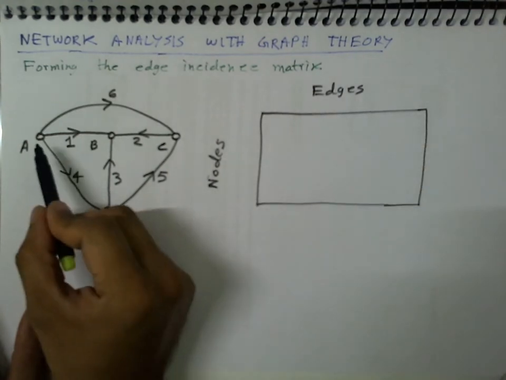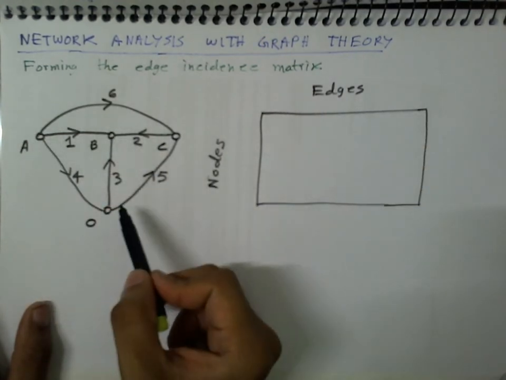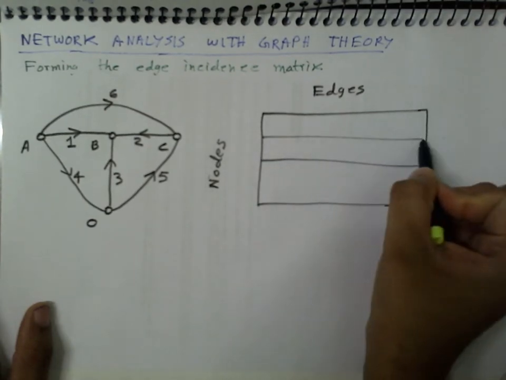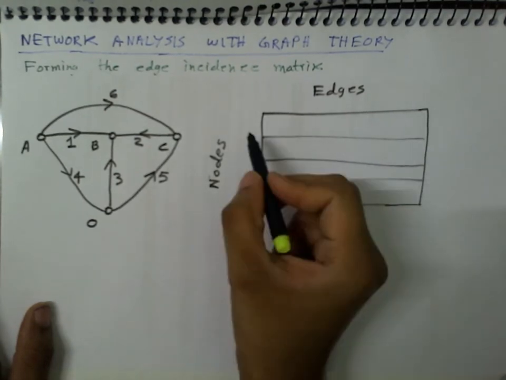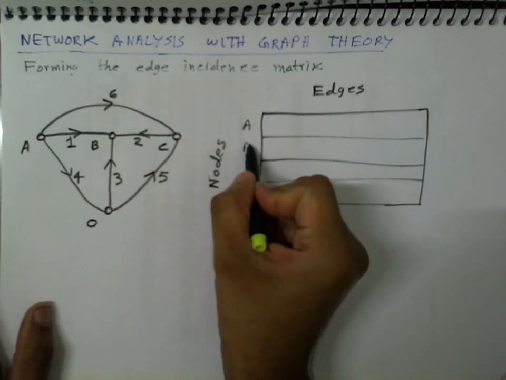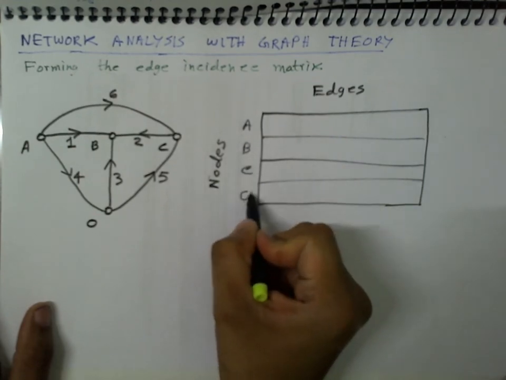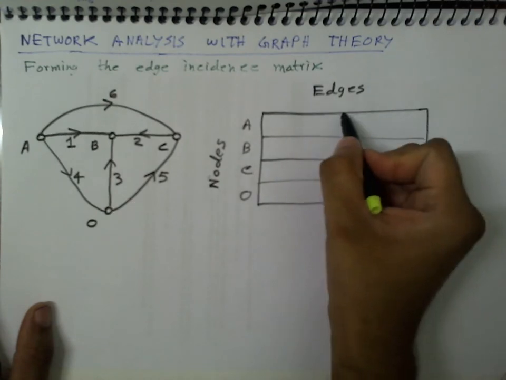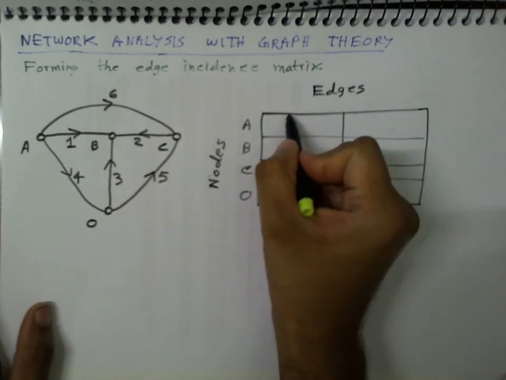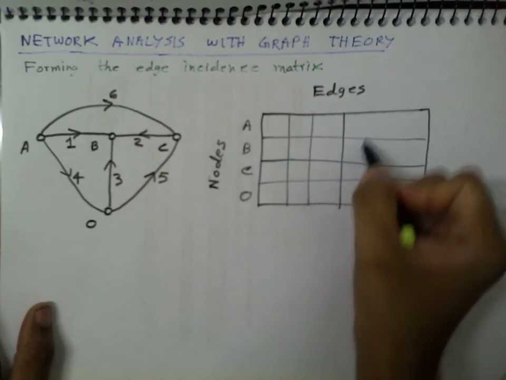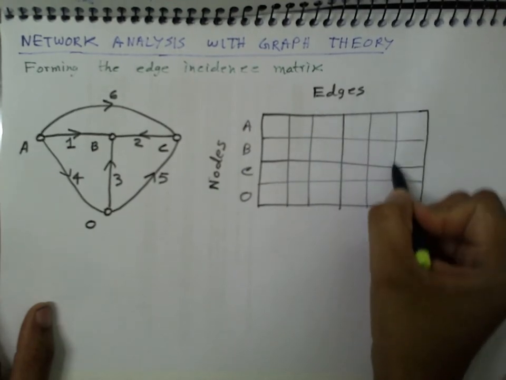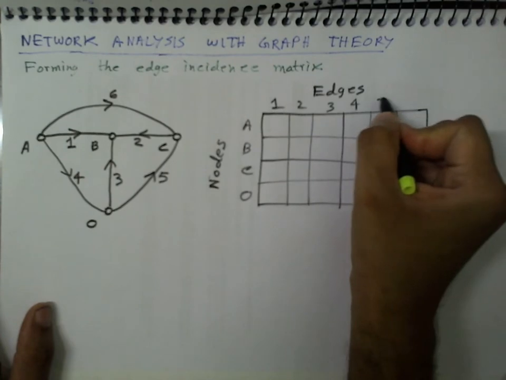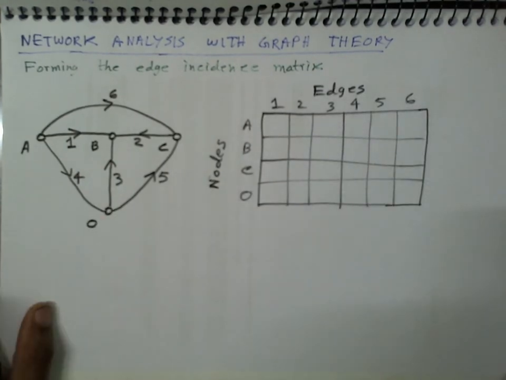Okay, so here we have 4 nodes, so we should have 4 rows for node A, B, C and O. We have 6 edges, so we should have 6 columns, 1, 2, 3, 4, 5, 6.